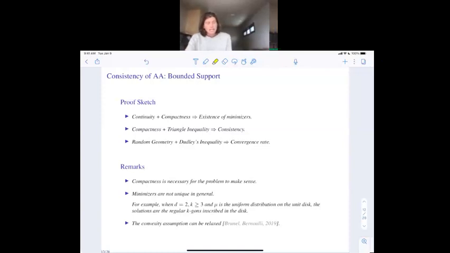And so a couple of remarks on the proof in this theorem. Compactness is necessary for the problem to make sense. If you just think about this for a second, if I have a distribution with unbounded support, then, maybe with low probability, I'll occasionally get points further and further from the origin.